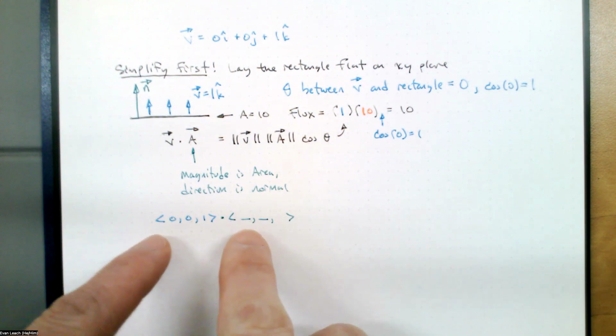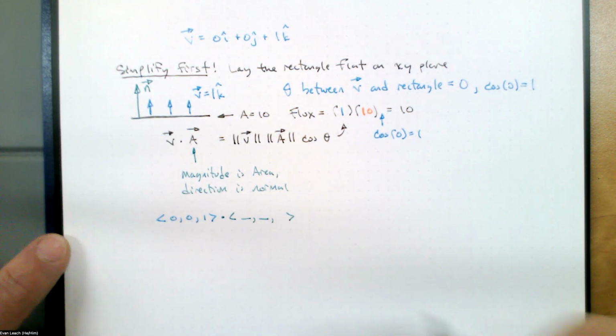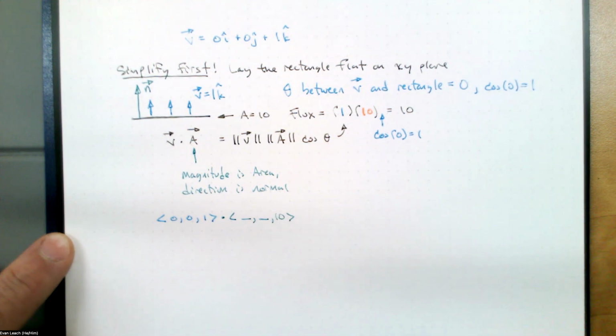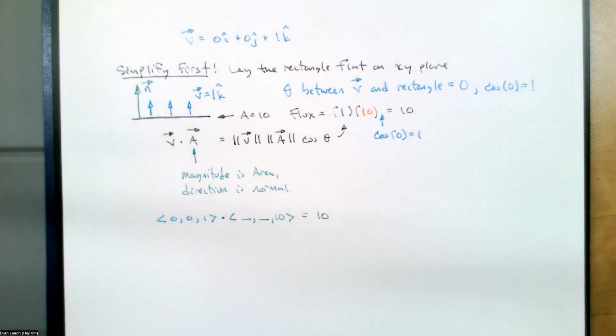It's 0 times whatever plus 0 times whatever plus 1 times, well, that must be 10. So when we find the dot product, we end up with 10, because that matches our original description of 100% of the 1k flowing in the same direction as this normal vector.